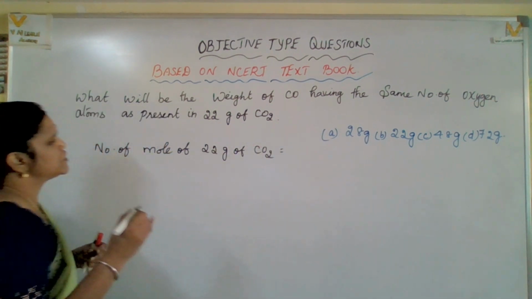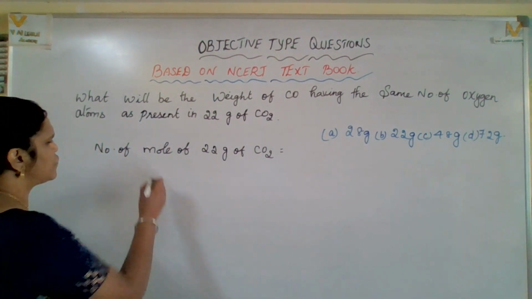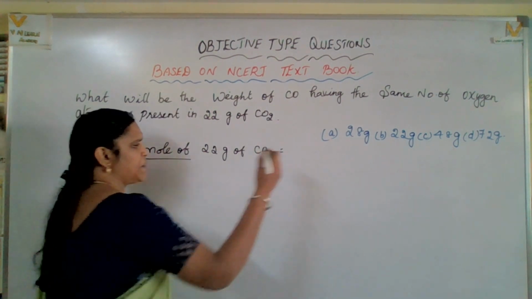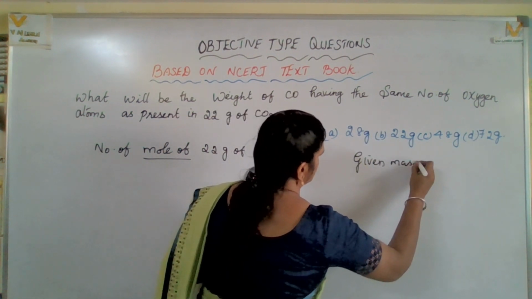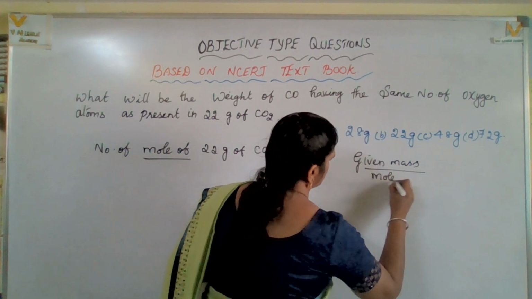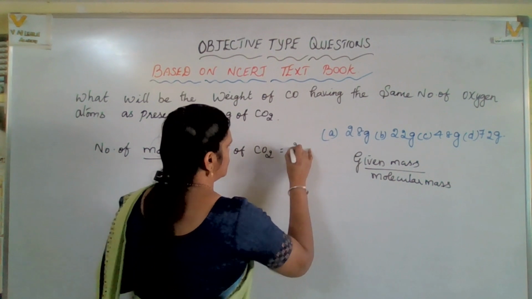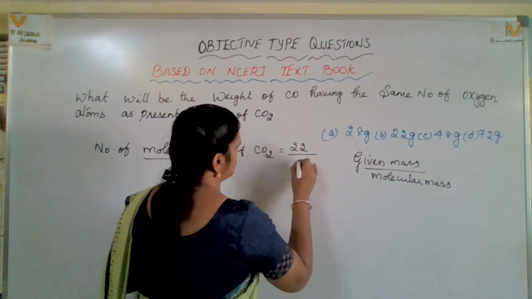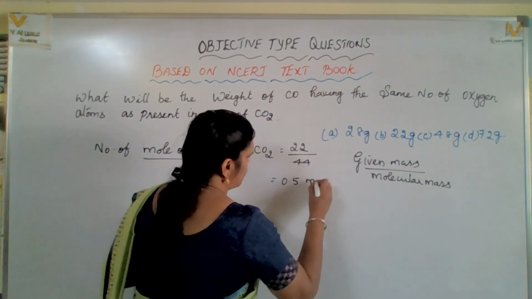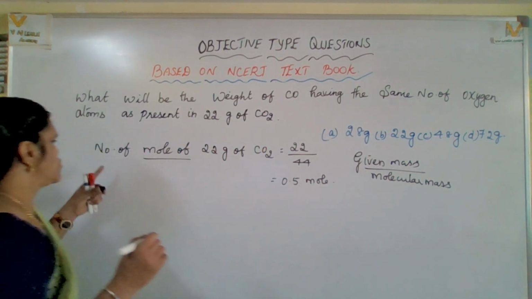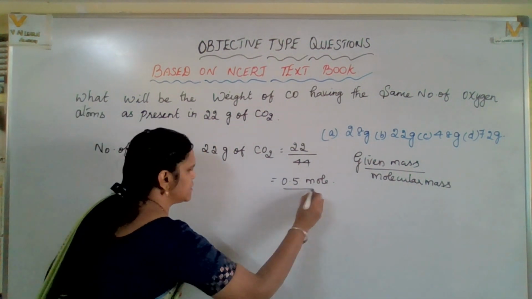What formula can you use for the number of moles? Given mass by molecular mass, right? So 22 is the given mass and the molecular mass of carbon dioxide is 44. So automatically you will get 0.5 mole. So the number of moles of 22 grams of carbon dioxide is this one.